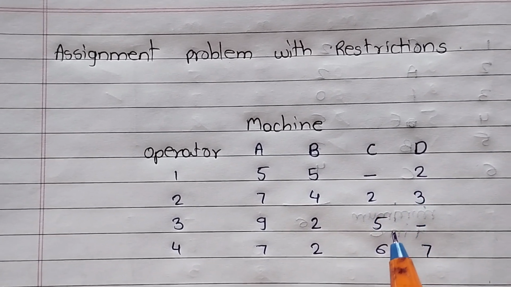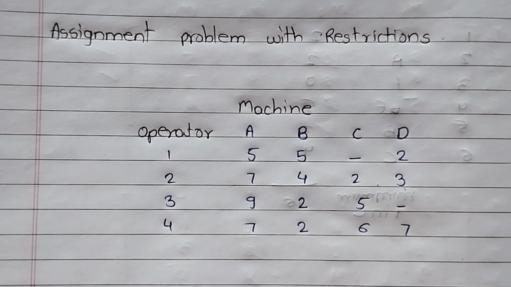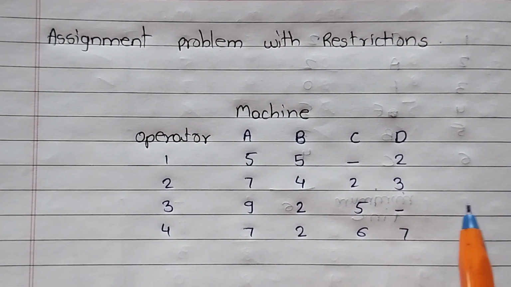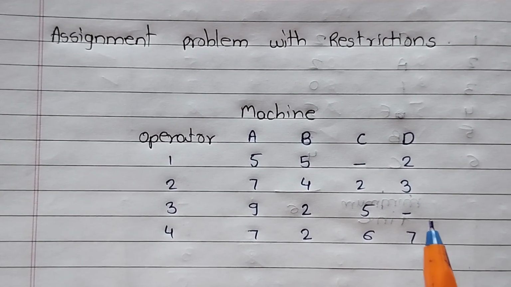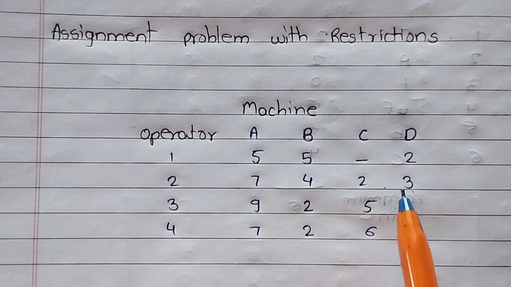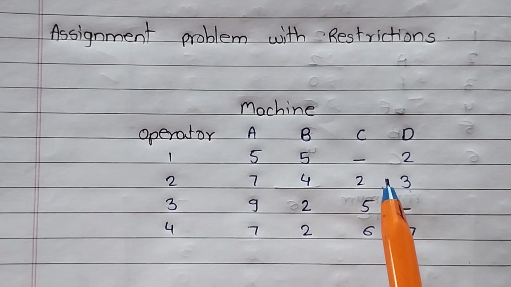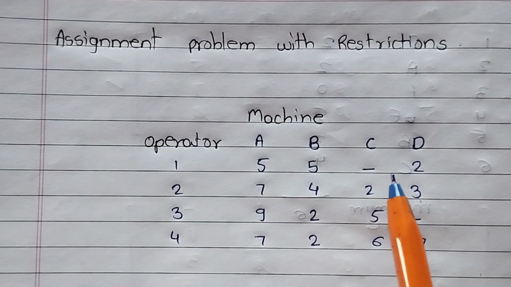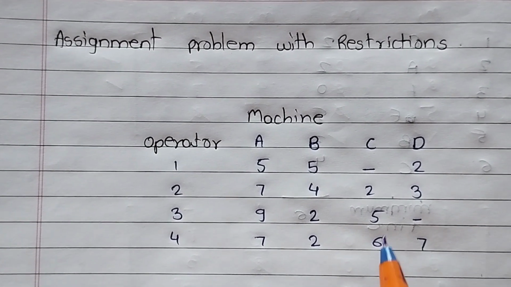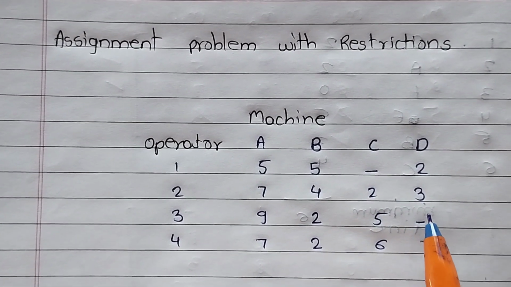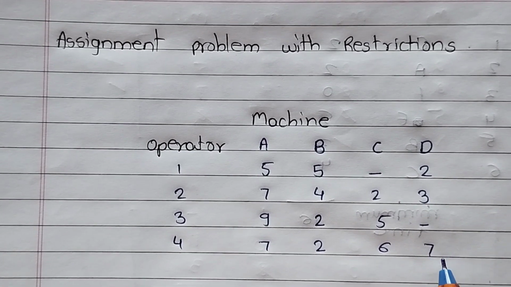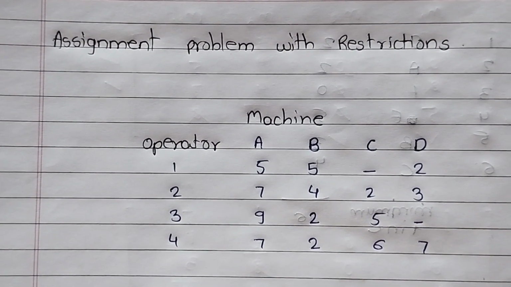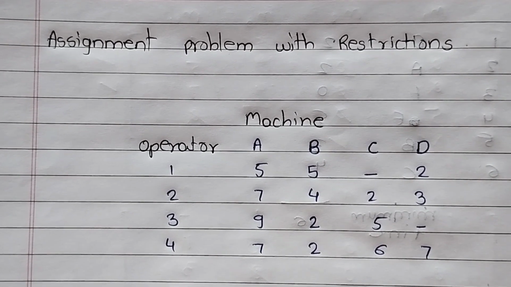So there is no impact on the assignments, because for the assignment we know the 0 comes into the picture, but when we write infinity at the restriction and subtract any value from it, the answer is still infinity, and that value is not assigned. So let's see how we solve the example.